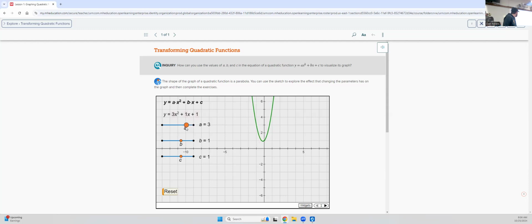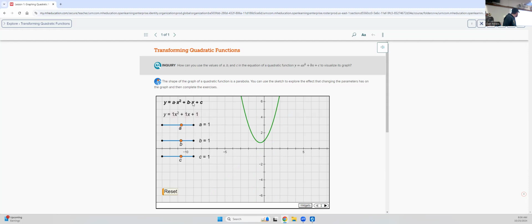If we make A approach 0, it gets wider. But if it's 0, then there is no squared, which makes it linear. But then if we go negative, it flips it upside down, reflects it across the x-axis. And as it goes further away from 0, it gets narrower.